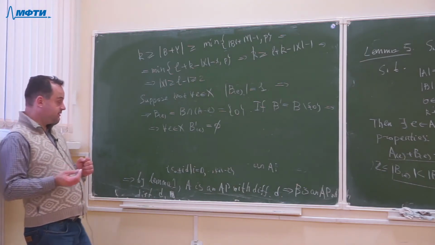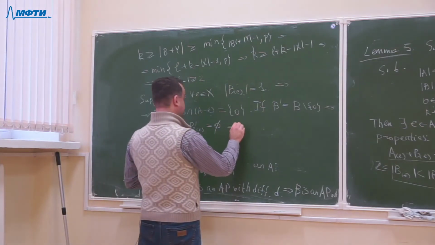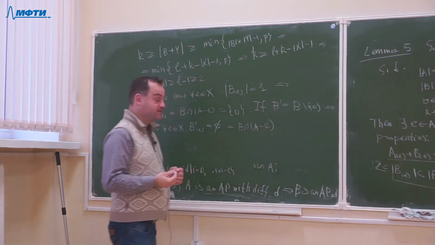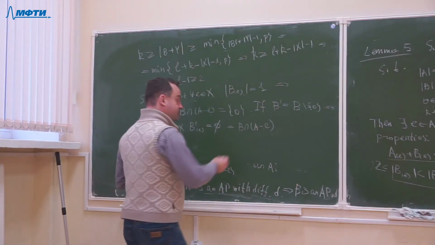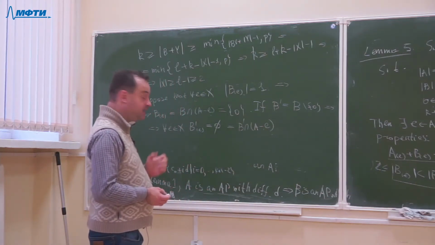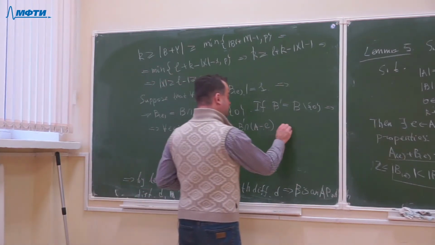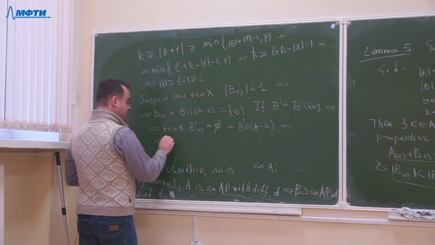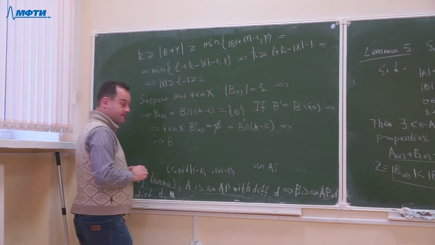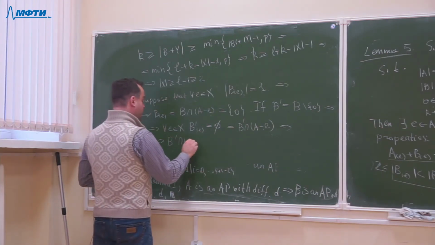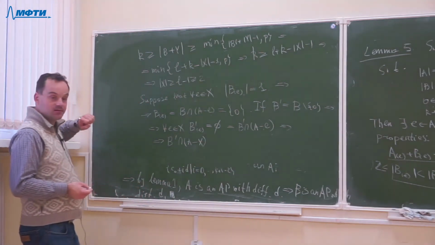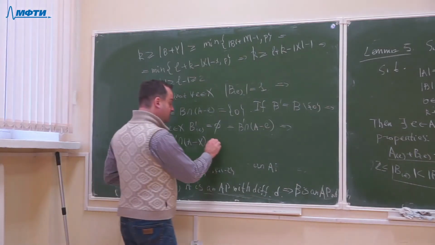What this means is B prime intersect A minus E is empty. So B prime intersect A minus X, B prime and A minus X are non-intersecting, right?